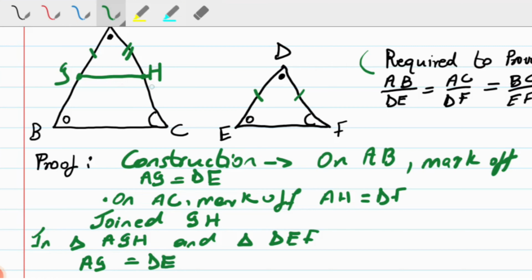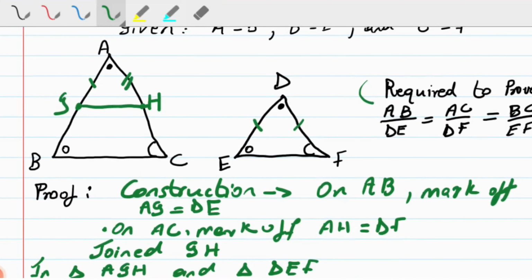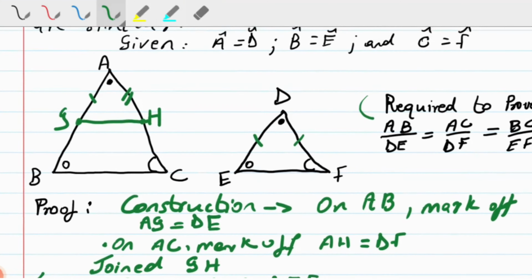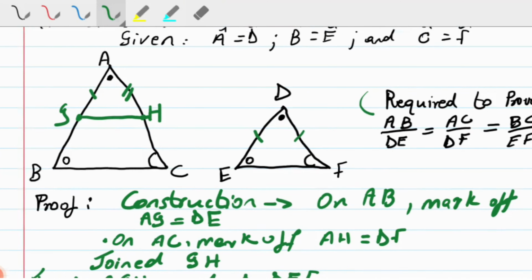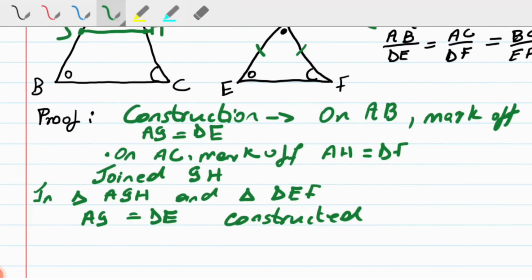Remember, that's what we constructed. And then also, angle A is equal to angle D, that was given. This is an equiangular triangle.